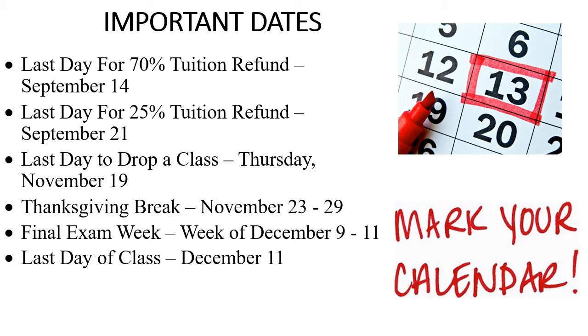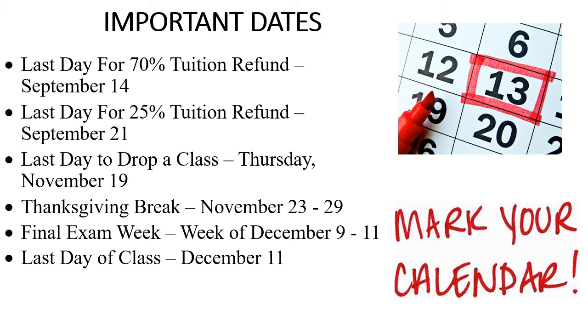These are some important dates that TCC wanted you to know, that I also want you to know for this fall semester of 2020. The first 2 are when you can drop the course and still get a portion of your tuition back. An important date is Thursday, November 19th.